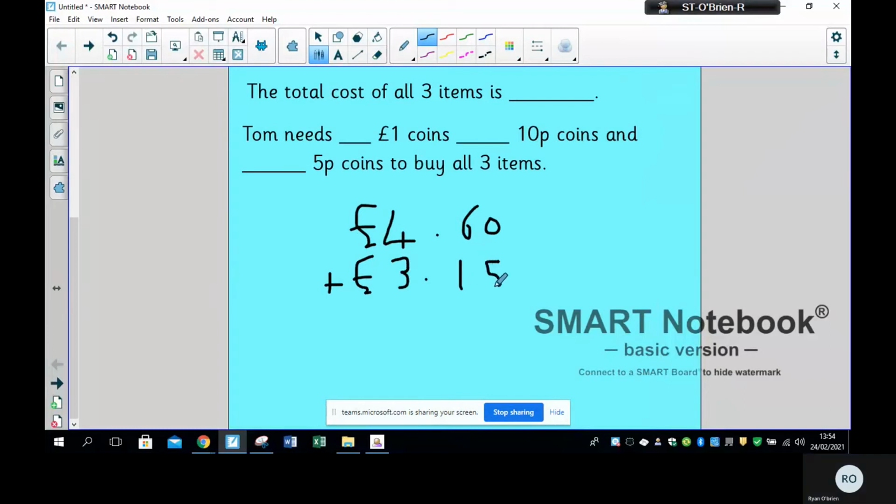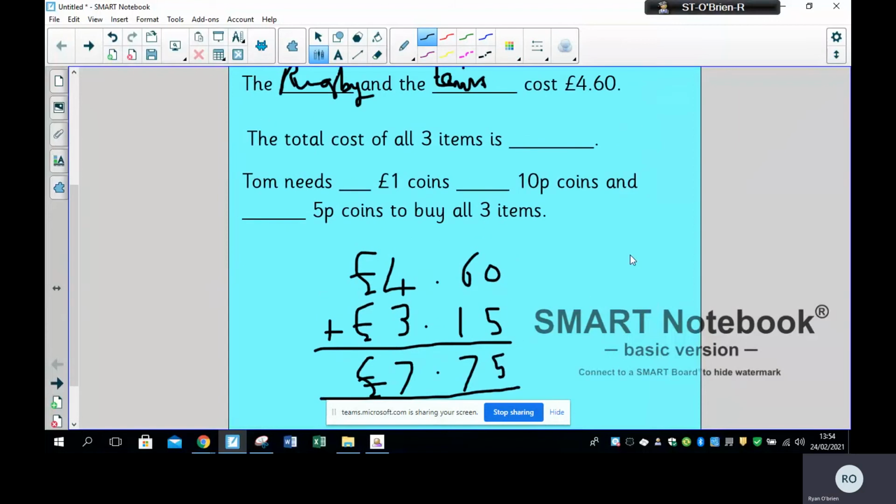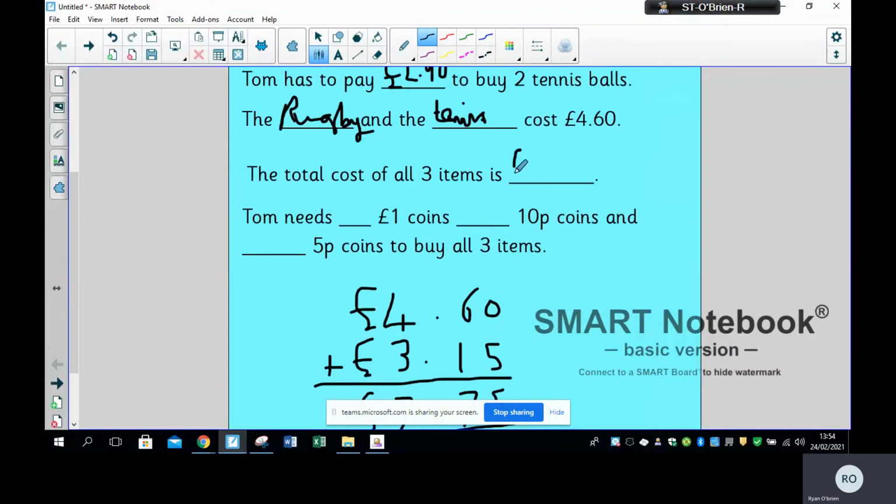In the hundredths, 0 add 5 is 5. In the tenths, 6 add 1, 7. Decimal point, add more pounds, £7.75. So the total cost of all three items is £7.75. And the last one: Tom needs how many pound coins, how many 10p coins, and how many 5p coins to buy all three items?